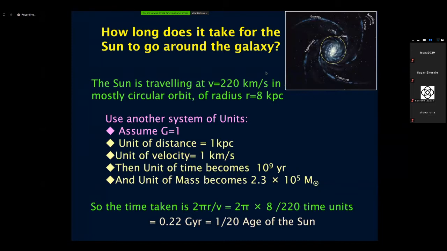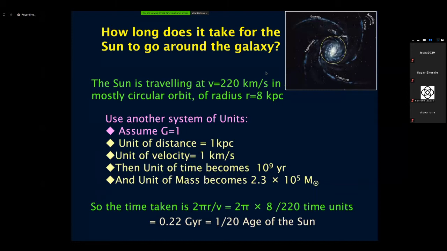The sun's velocity is more than the average, the large-scale turning of the galaxy, and the sun has traveled amongst the stars so many times and seen a lot of different environments, and has sampled a lot of the life in the galaxy. Life meaning what's happening in the galaxy in its lifetime.